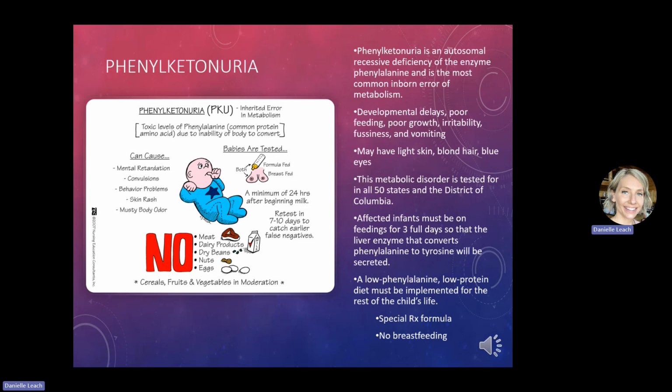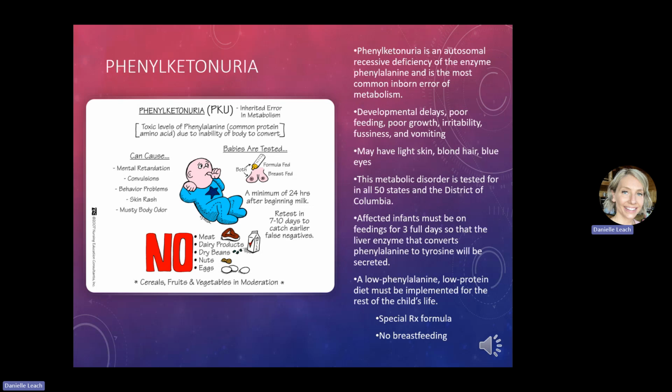So this disorder is tested for in all 50 states. So in every state on their newborn screen, it is tested for. This is one of the reasons why there are 2 newborn screens. So an infant needs to be on feedings for 3 full days so that the enzyme that converts phenylalanine will be secreted.